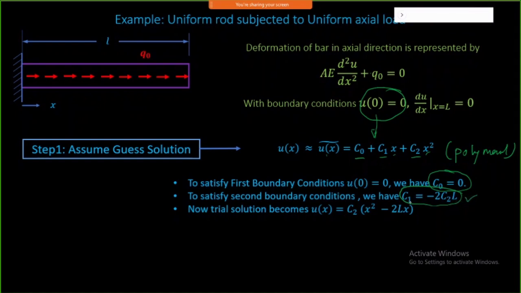Now C1 can be replaced with C2, and I will write one constant here. This is my second constant, and now your trial solution becomes this, and this trial solution should satisfy this boundary condition and also the differential equation.